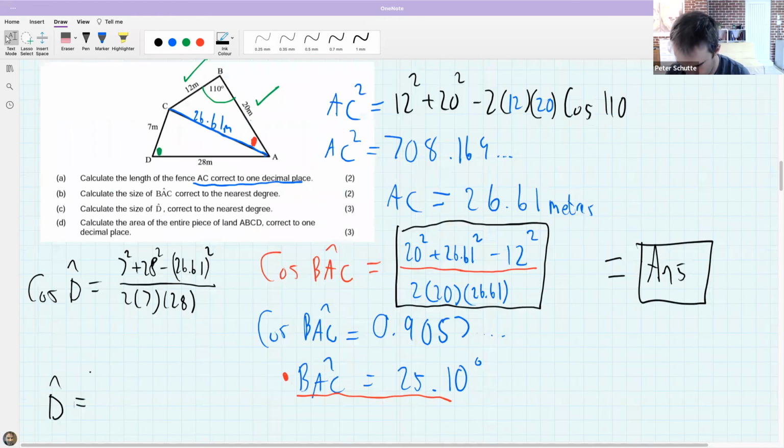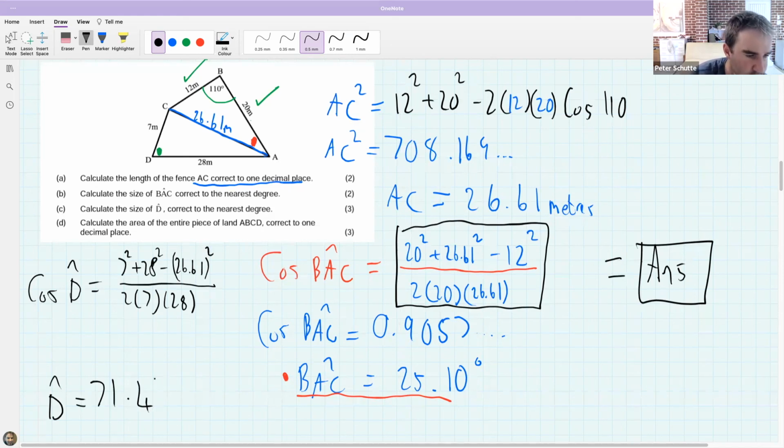I see a couple of answers are coming through. So we should be getting 71 point, it says to one decimal place, so 71.4, and that would be D.